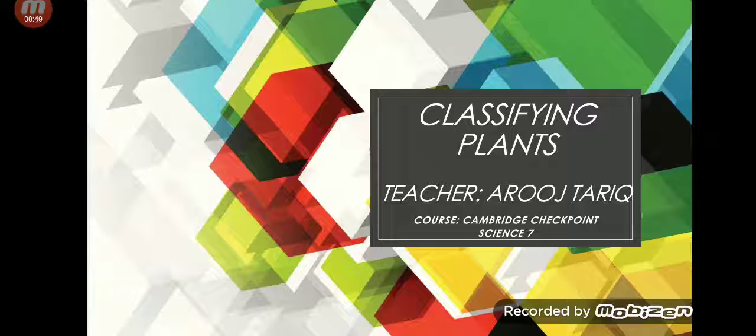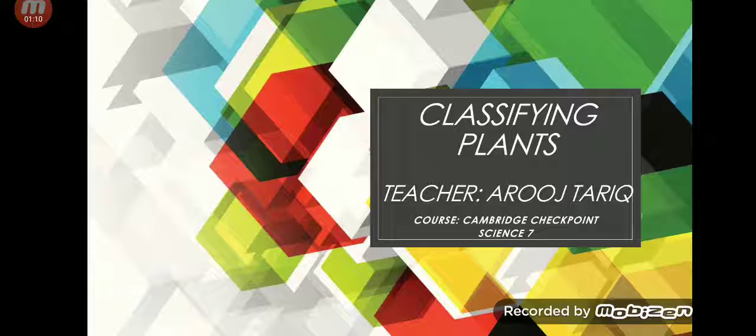Classification means to divide, to put into different categories. This is called classification. For example, I give you different colors and I tell you to classify these colors. What will you do? What's the most basic thing about classifying colors? You will divide the colors on the basis of their color.